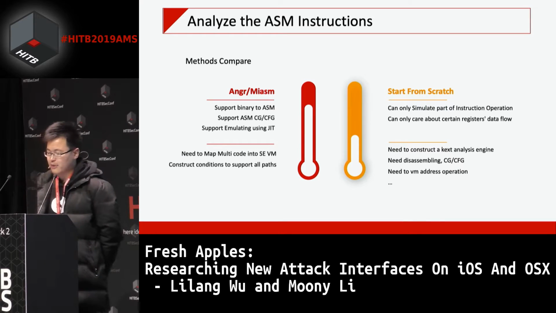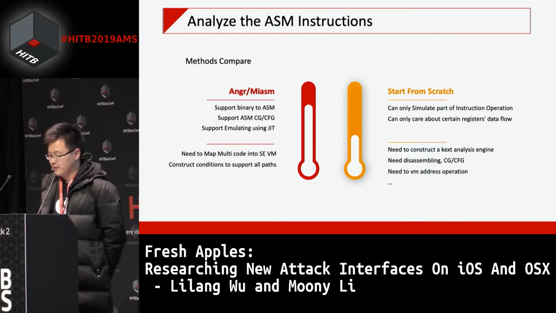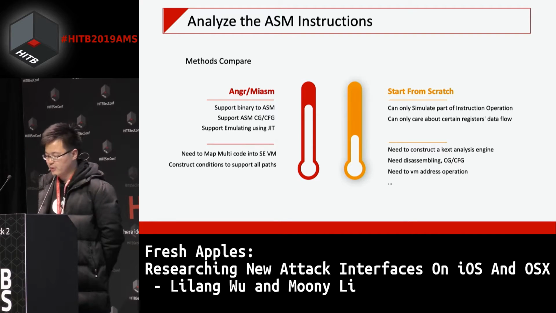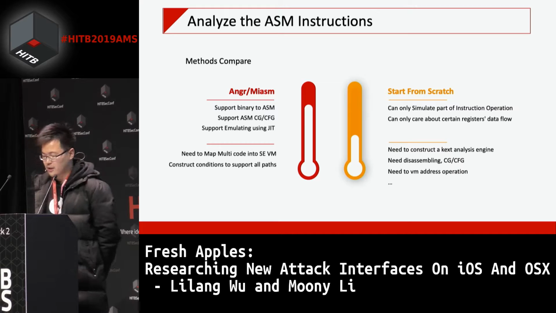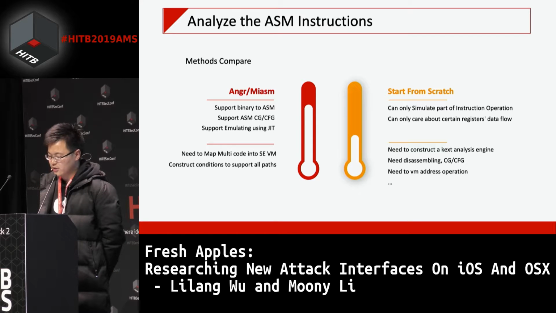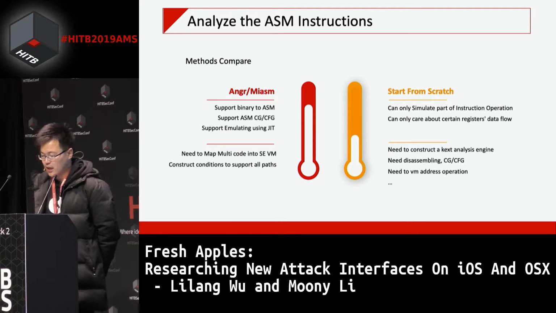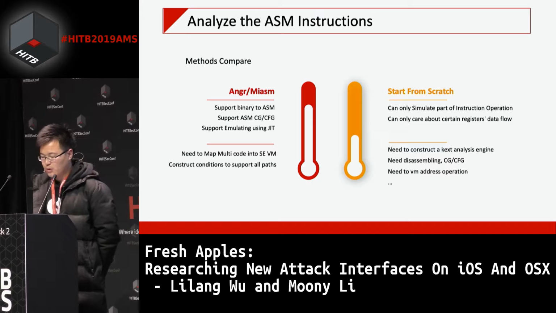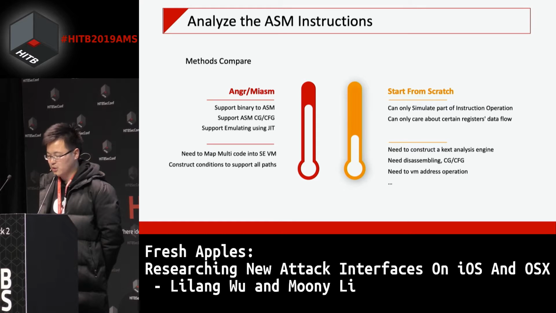However, for assembly instruction analysis, there are some reverse engineering frameworks available, such as Angr and Miasm. These frameworks both disassemble binary code, construct the assembly CFG, and emulate instruction execution using JIT. But they also have many disadvantages, such as needing to map the Mach-O into virtual memory in order to keep a function running smoothly, due to the complexity of the operating system.